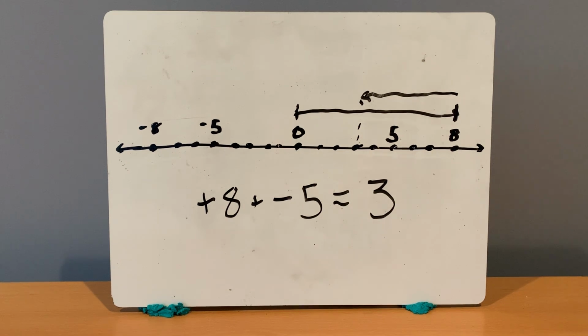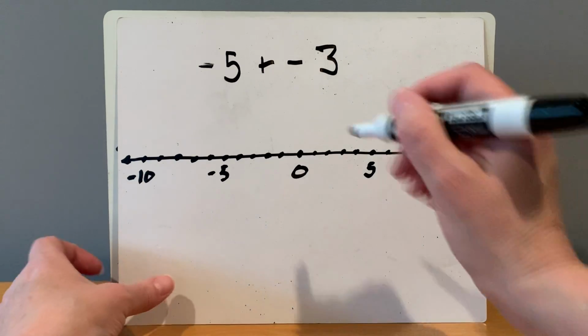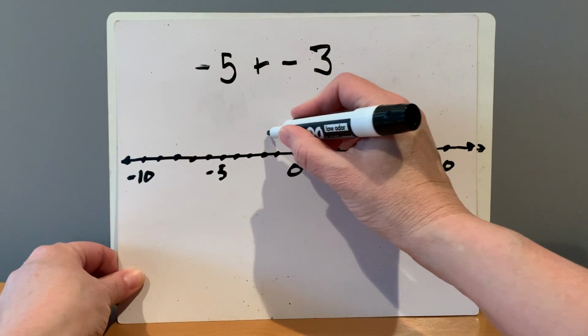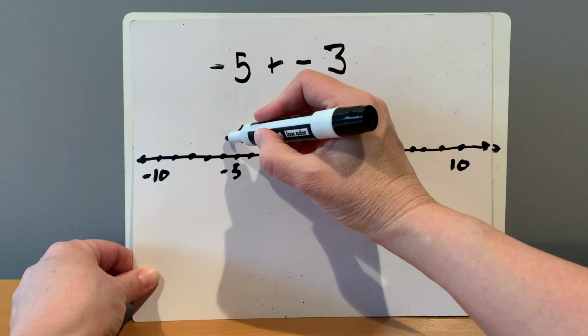Let's do another one using a number line. We will have -5 plus -3. So again, we're going to start at 0 and we have -5. So we will go 5 spaces and then we have another -3.